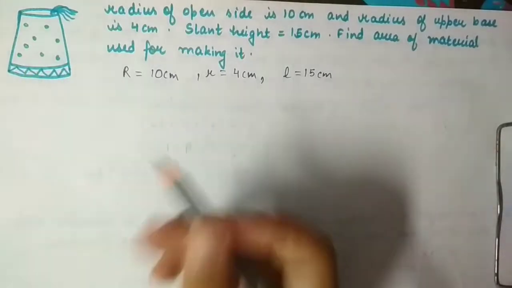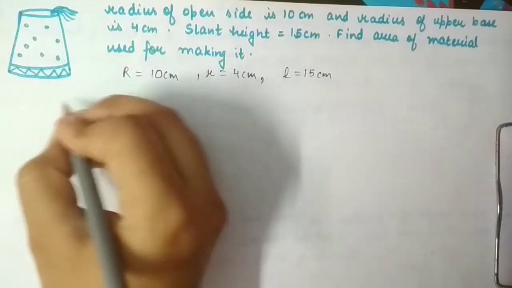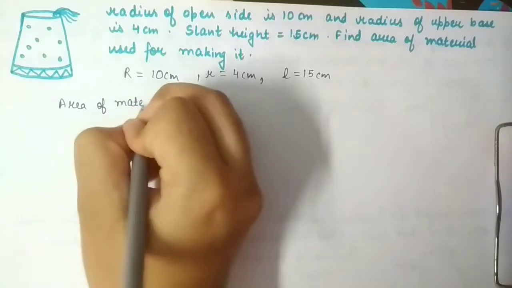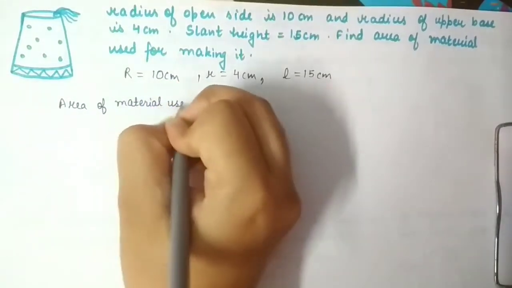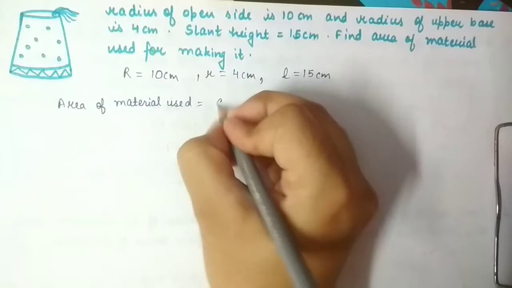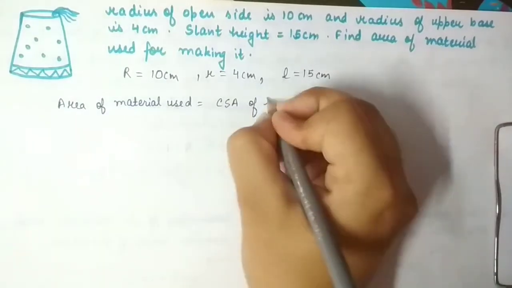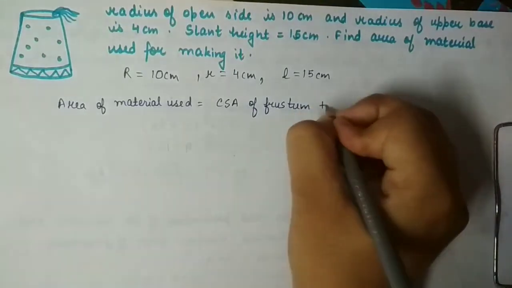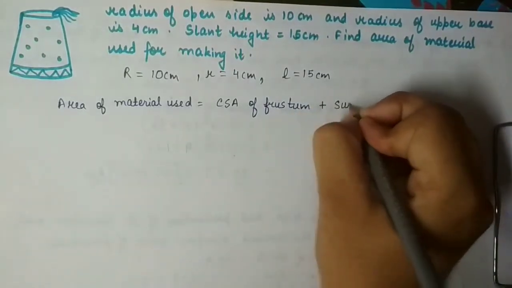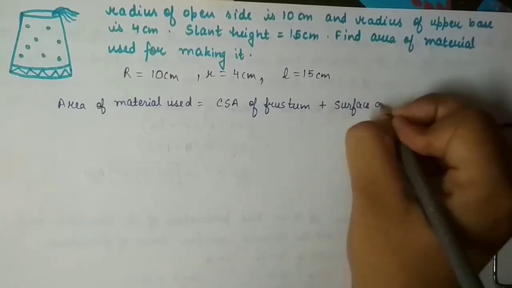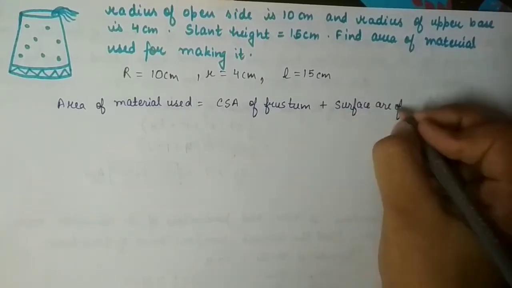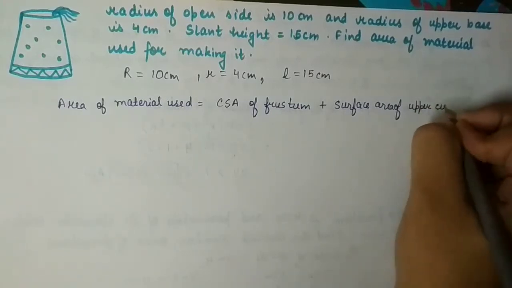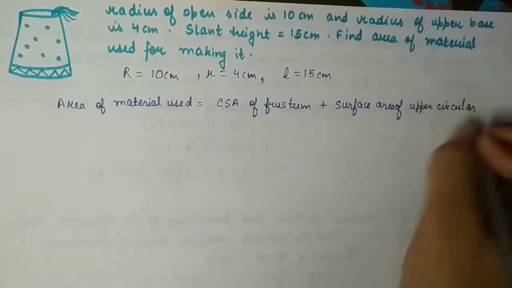So you will say that area of material used is equal to CSA of frustum, or you can say CSA of cap, plus surface area or area of upper circular base.